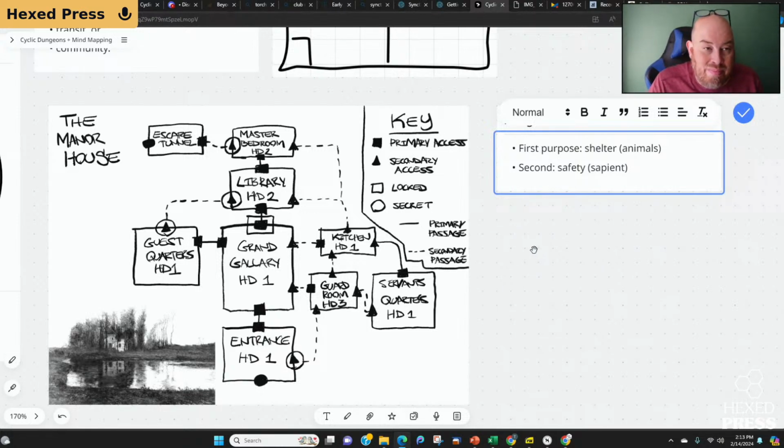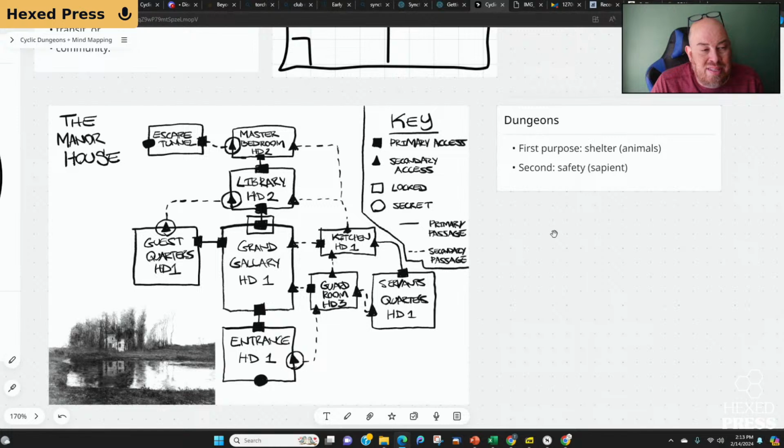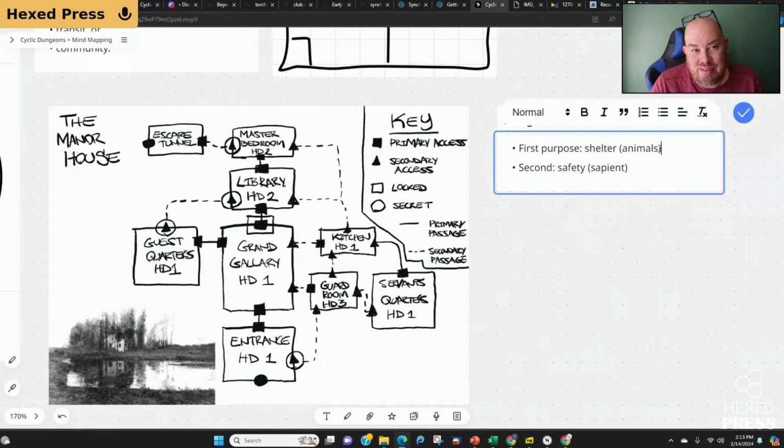So safety, okay, and I'm going a long way around explaining what this primary access and secondary access is. So we go from, all right, what is our first purpose? Shelter, animals, right? That's the primary concern for animals. Sapient creatures are going to go to that next level, I presume, which is safety.